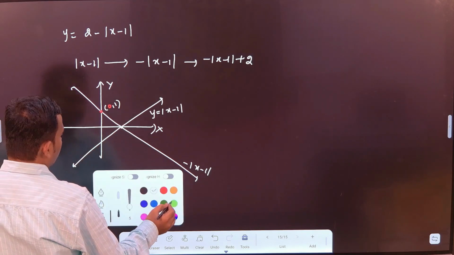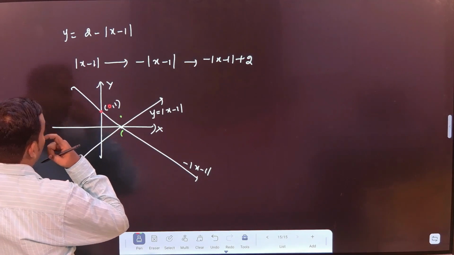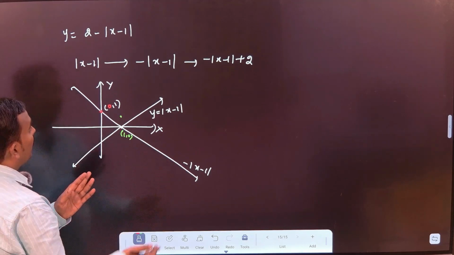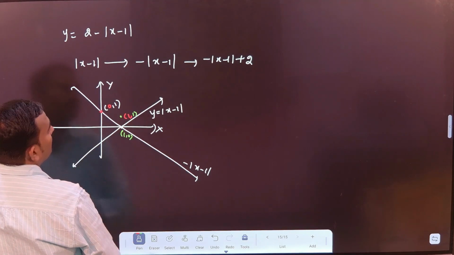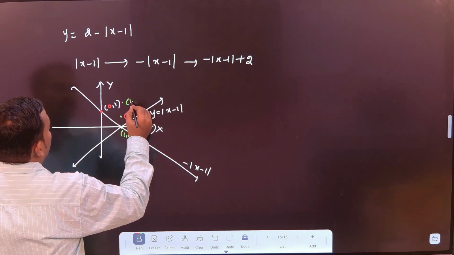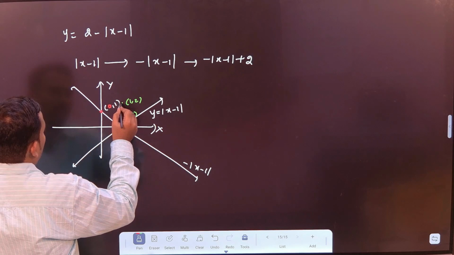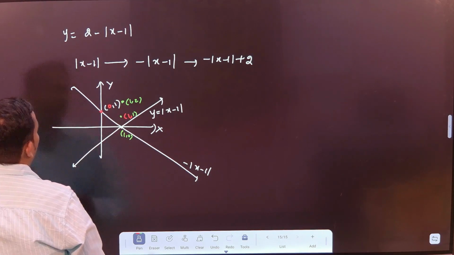I'll take another color. So this point is what? Put y as x, so 1 comma 0, right? 1 unit shift right, understand? So 1 comma 1, so 1 comma 2 here, here is 0, 1 unit, right? Correct or not? Yes.